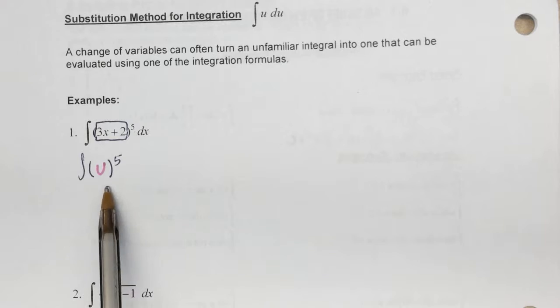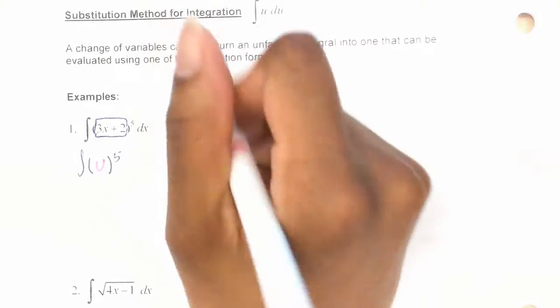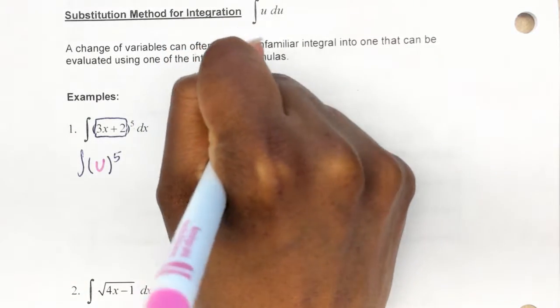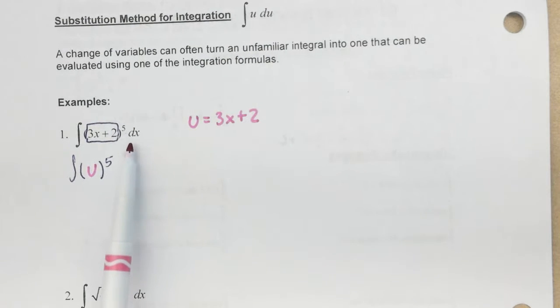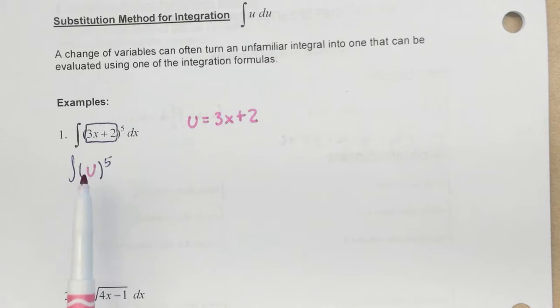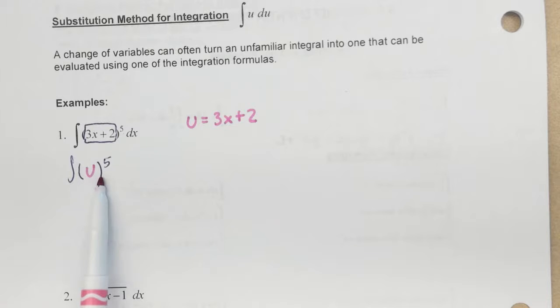But the problem with just calling this u, so u is equal to 3x plus 2, is that now I can't use dx because dx was in terms of x. Now we're in terms of u. So we have to find a du that works.